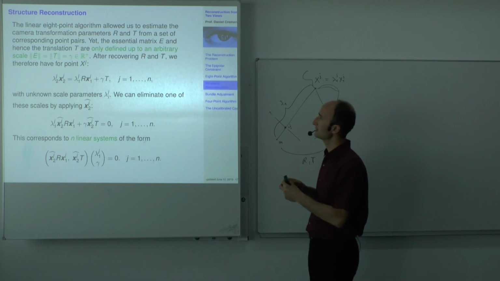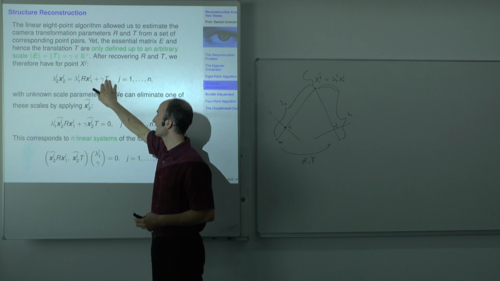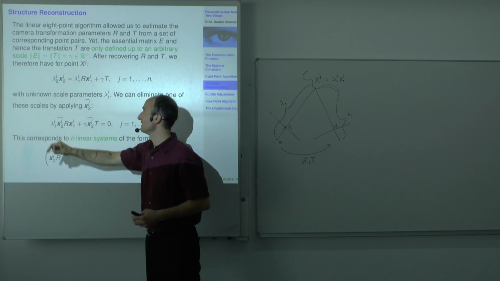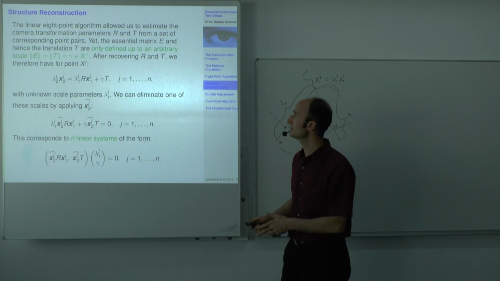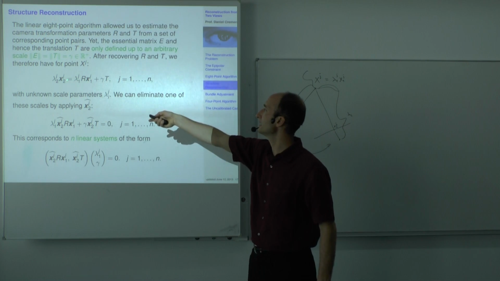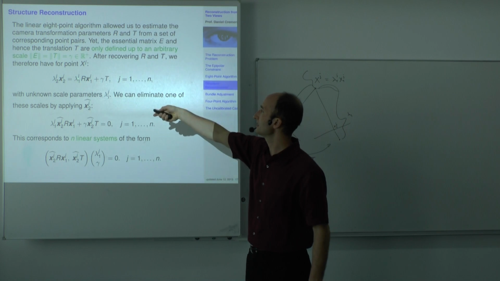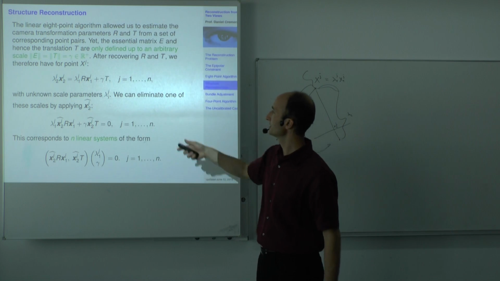And then if we rotate and translate that into the new camera, this expression, then we get lambda 2 x2. And so this is the equation that relates the 2D coordinates, the depth parameters, rotation and translation.